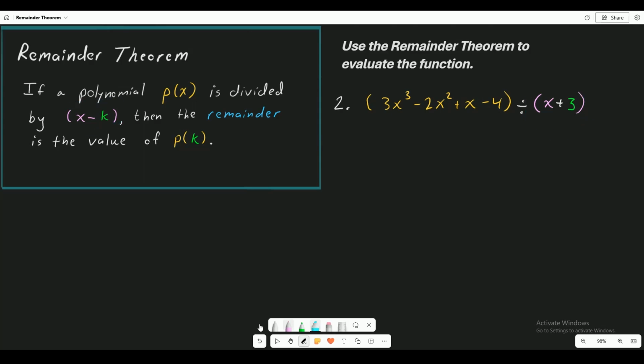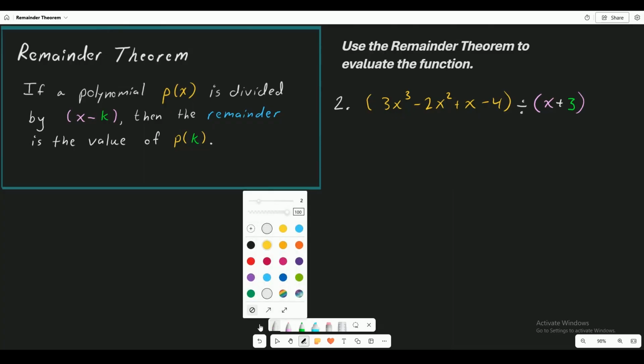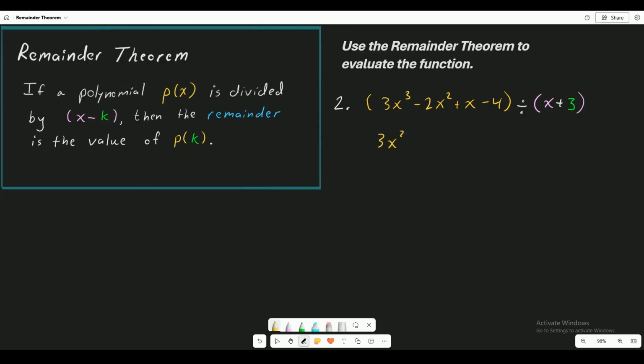I'm going to rewrite this as 3x cubed, apologies, minus 2x squared plus x minus 4, divided by, watch this, x minus negative 3. So our k value in this case is negative 3, not 3, okay? Negative 3, because it has to be in the form x minus.